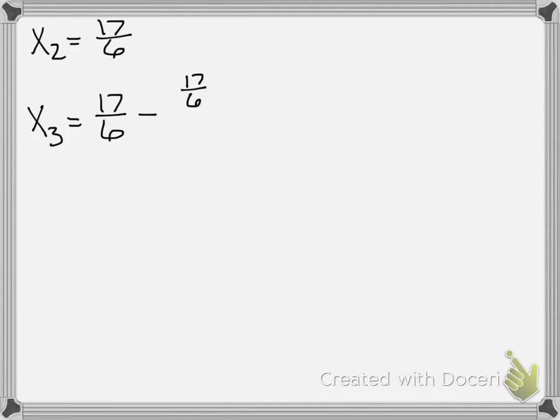So our x2 was 17 over 6, so now x3 is equal to 17 over 6 minus, we had x squared, so that's 17 over 6 squared minus 8, over our f prime of x sub i, 17 over 6 times 2.